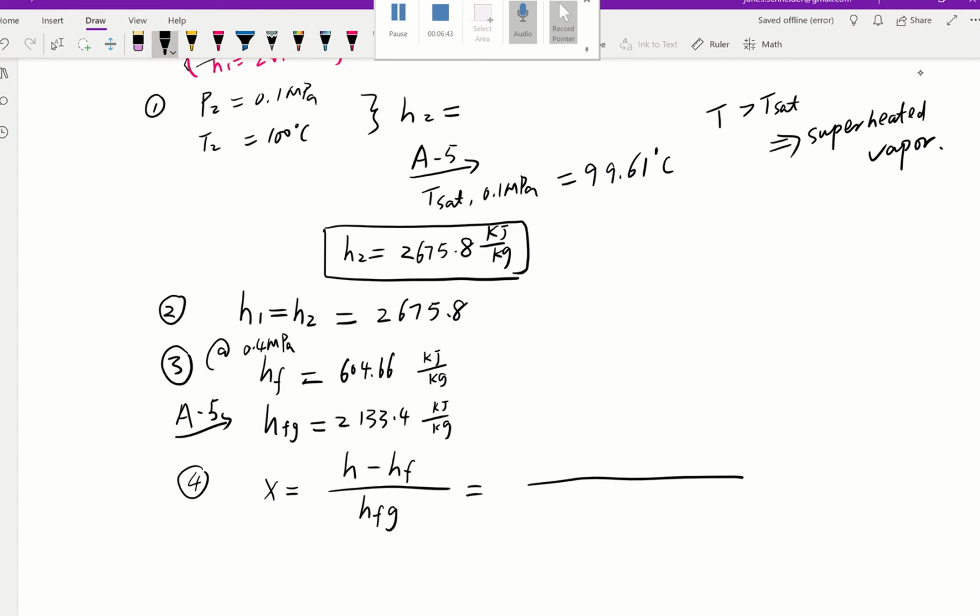Our H is 2675.8 minus HF 604.66 divided by HFG 2133.4. And then with that, we can calculate our quality. The answer is 0.971.